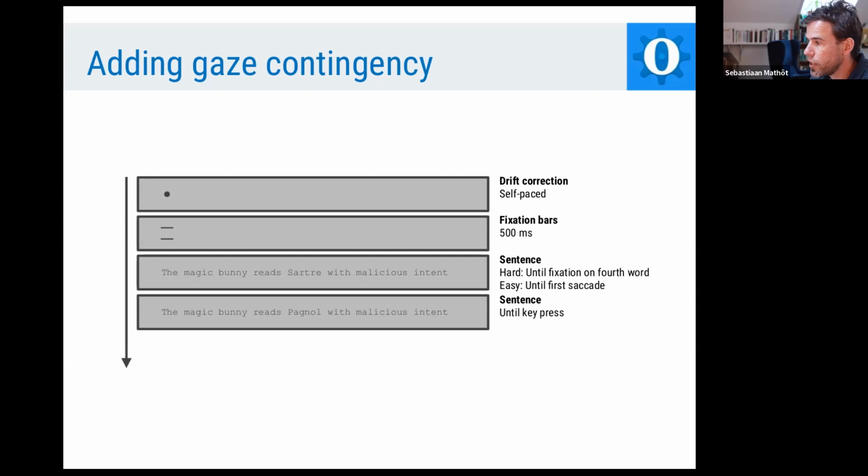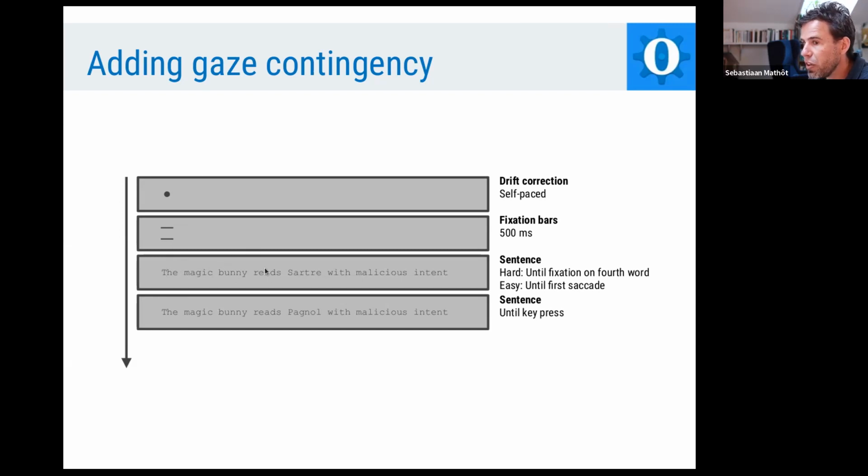In the hard condition, you do it in a slightly more complex way. You wait with replacing the sentence until participants fixate on the fourth word. This is called the boundary paradigm. Let me walk you through the logic. Participants start by reading the, and then they make an eye movement to magic, then to bunny, then to reads.